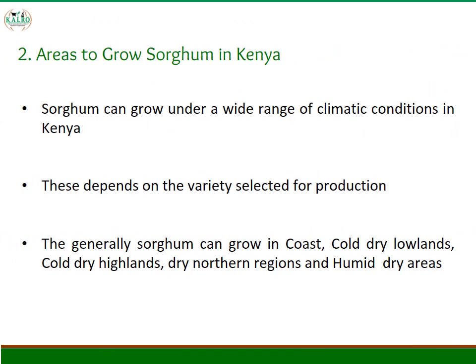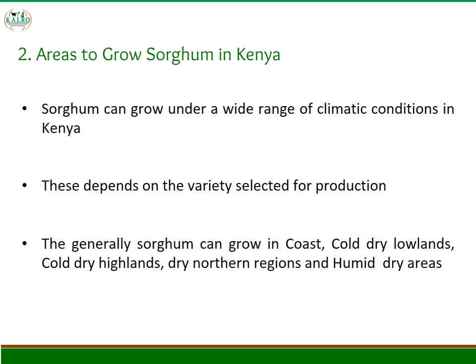Where can you grow sorghum in Kenya? Actually, as I said, sorghum can grow under a wide range of climatic conditions in Kenya. This depends on the variety selected for production. So when you want to grow sorghum, you assess the area where you come from.